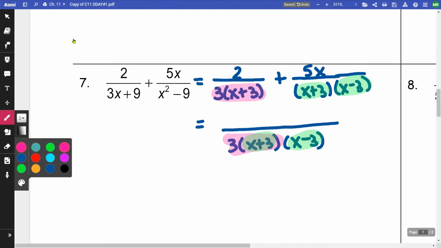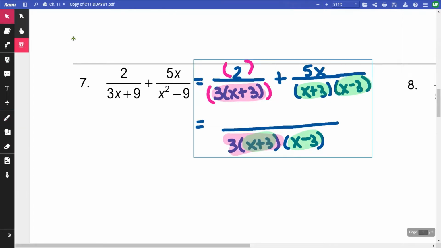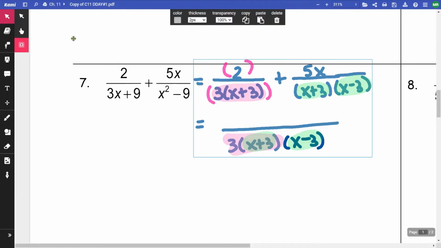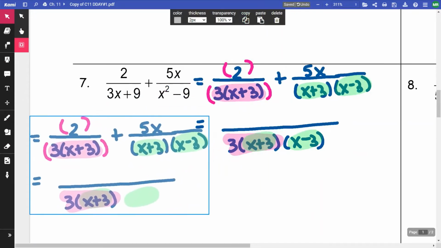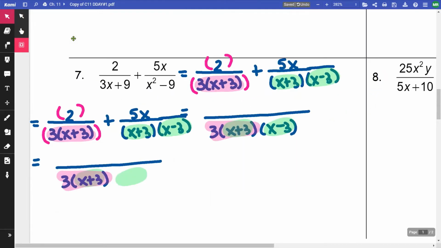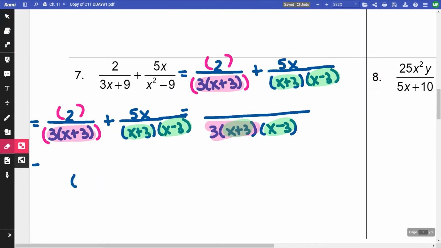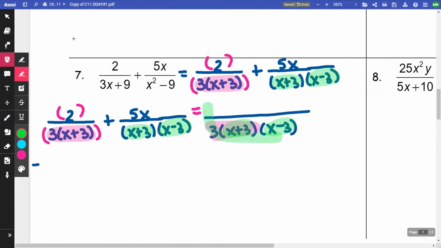So this one here was missing my, and I'm actually going to do this. I'm going to copy this. Okay, let's get rid of this. Okay, just trying to give myself some space.